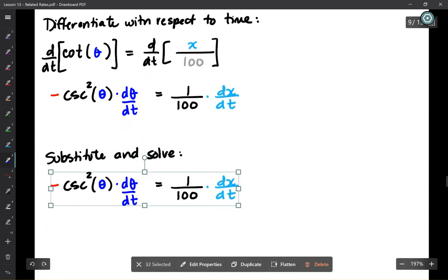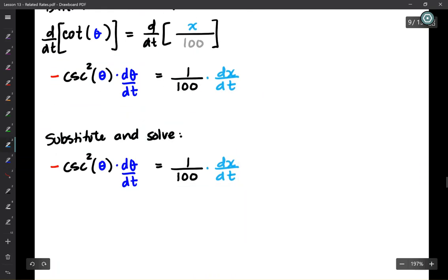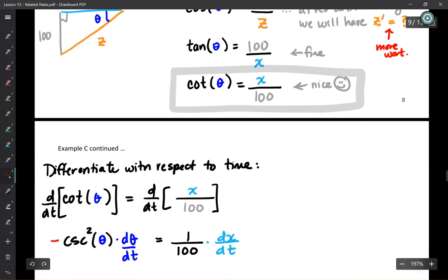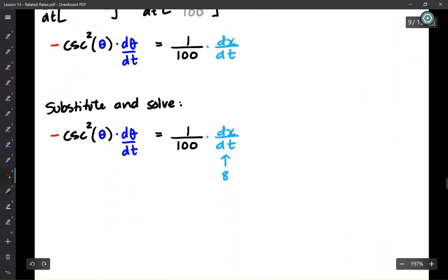Okay. So we know dx dt, that was given to us as 8 feet per second. And we're asked to find d theta dt, theta prime, at a particular moment when z is 200. When I'm looking at this equation, I'm thinking, okay, this is what I'm looking for, but what on earth is theta?